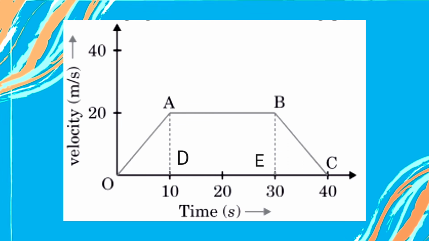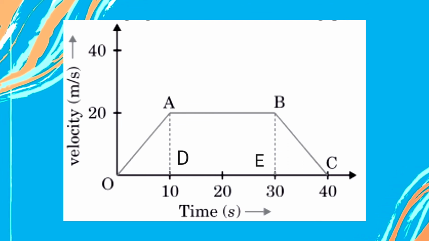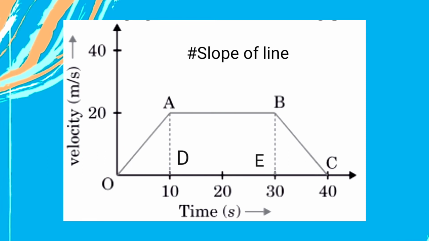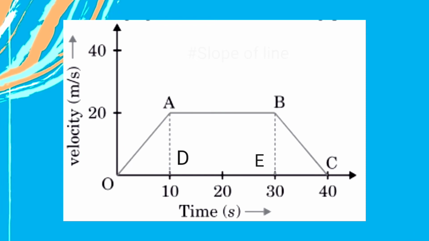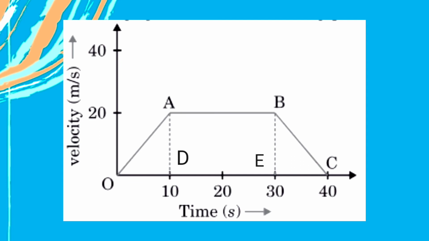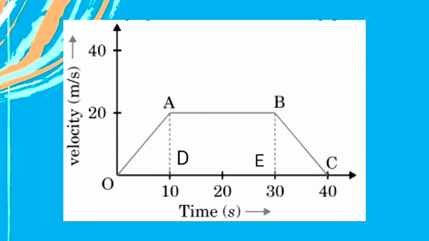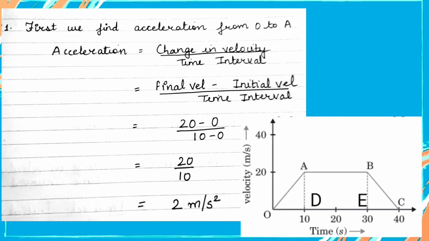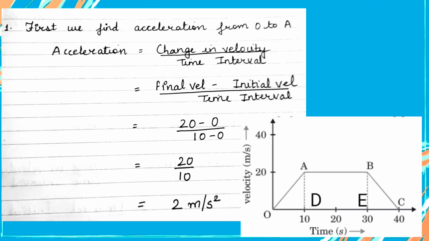We all know that the slope of the line in a velocity time graph represents acceleration. So what is the formula for acceleration? It is change in velocity upon time interval, which means final velocity minus initial velocity upon time interval. From the graph, we observe the end points of OA.